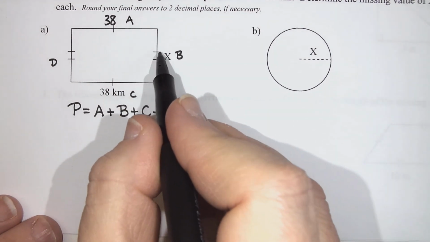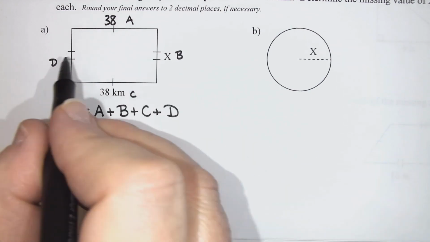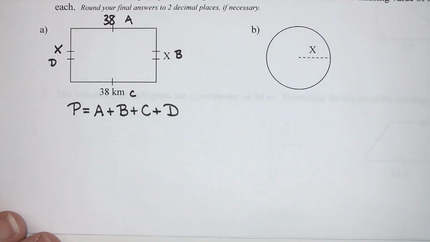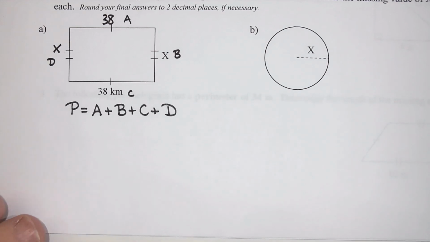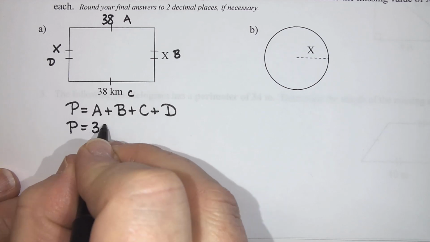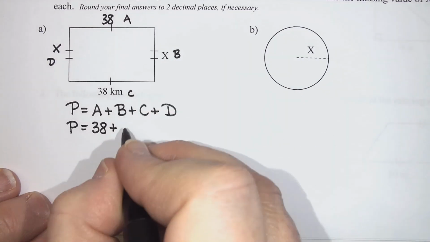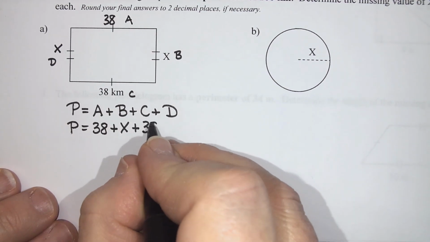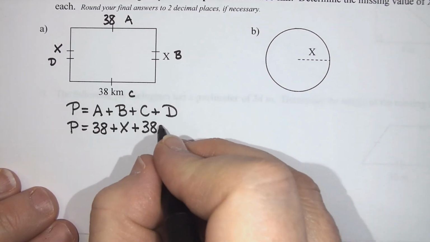This side here with 2 tick marks is x, meaning this side over here with 2 tick marks is also x. So I am going to take A, that is 38, plus B, that's x, plus C, also 38, plus D, which is x.